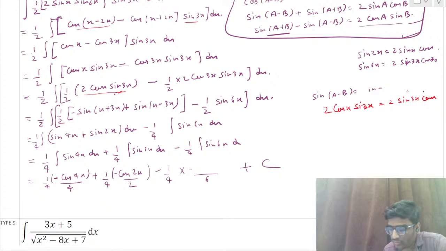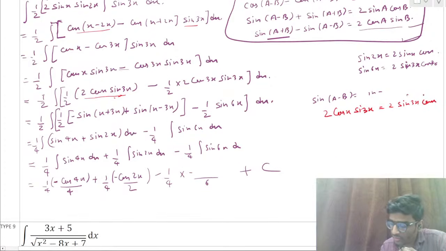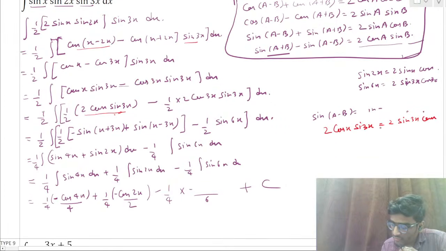Can we think about this? So we write 2 sin 3x cos x. When we take 2 sin 3x cos x, we are talking about sine of a plus b plus sine of a minus b.